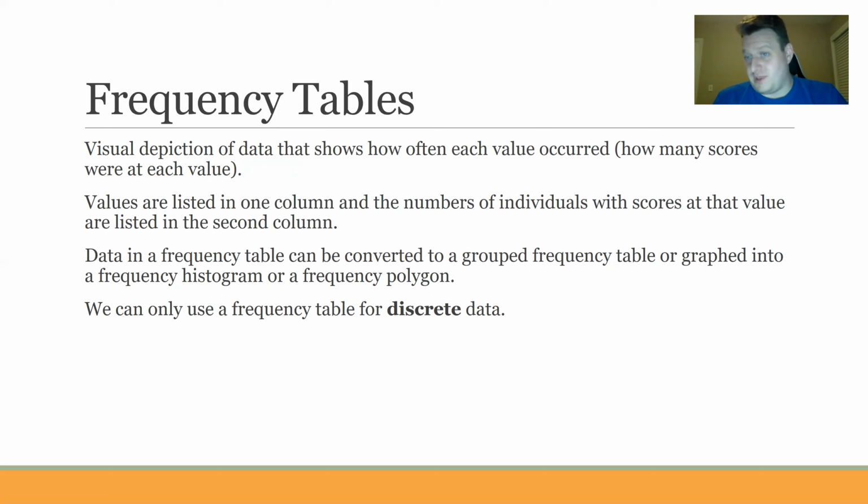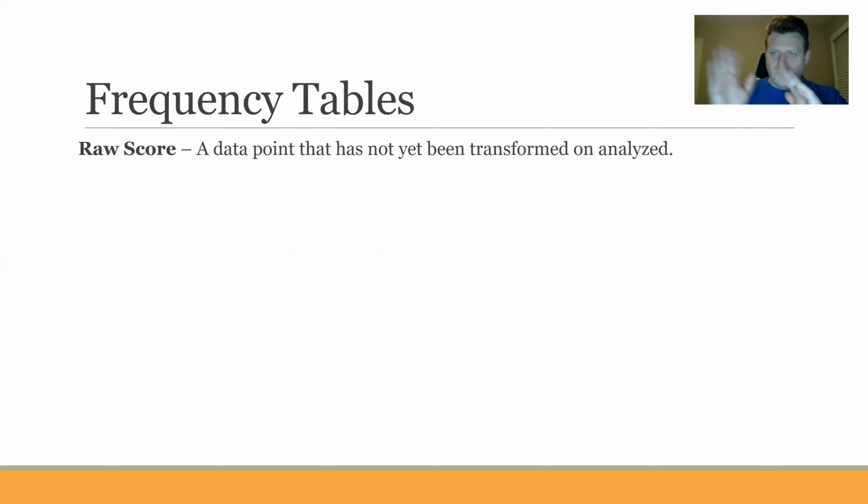Only look at discrete data. If we have continuous data, we would need as many categories as there are individual scores, and for a continuous data set, there are infinite amounts of scores that there could potentially be. So we couldn't do a regular frequency table for it. We'd have to use a special kind of frequency table.